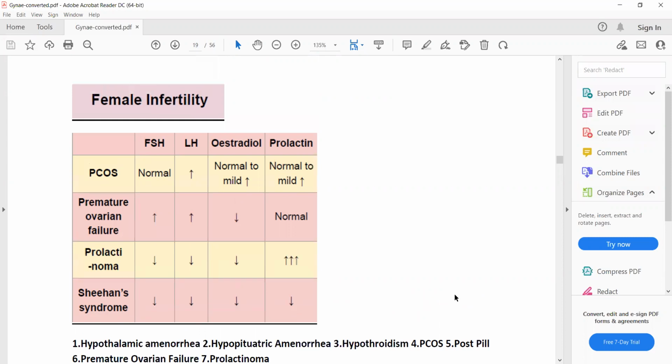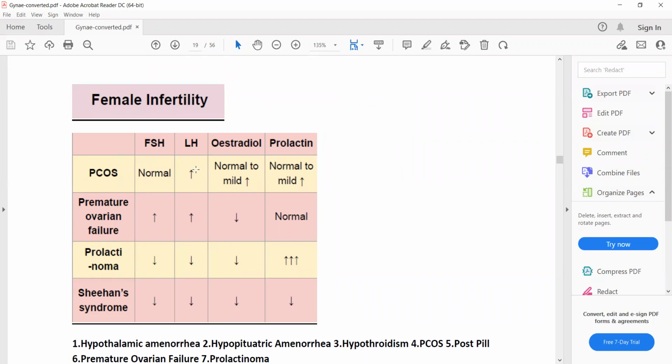So now you can understand this table very easily. PCOS and premature ovarian failure, you can see that LH and FSH are high. In premature ovarian failure, FSH will be high, LH will also be high, but in premature ovarian failure, FSH is normally higher than LH.